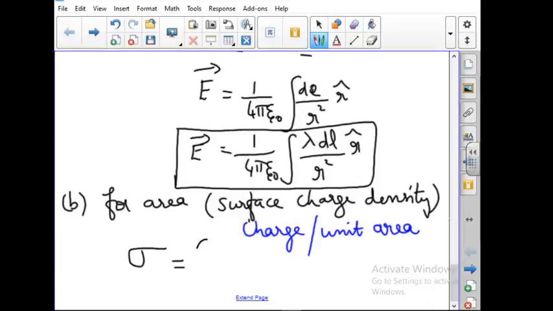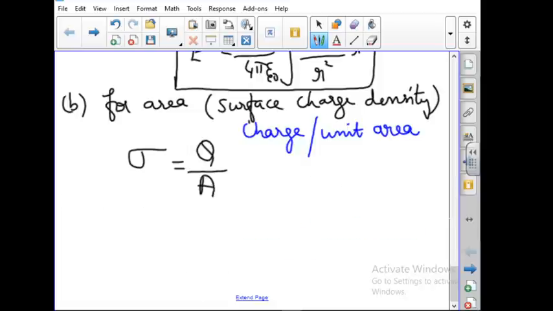Sigma is equal to Q by A. In the previous case we studied lambda is equal to Q by L, charge per unit length. Here this is for an area. So surface charge density sigma is equal to charge per unit area.